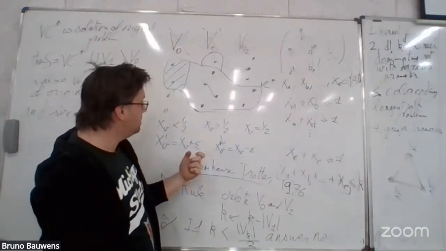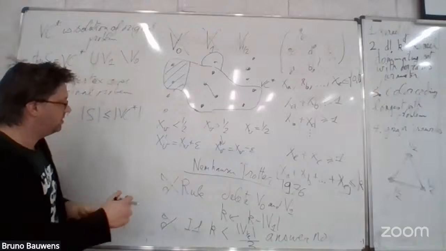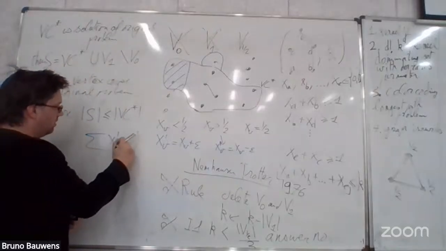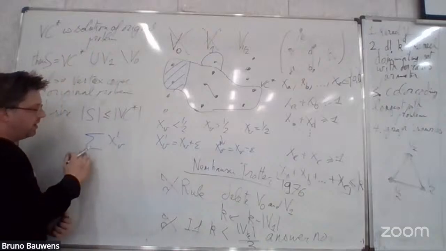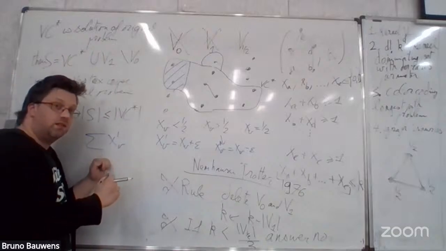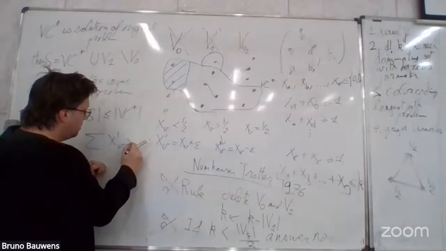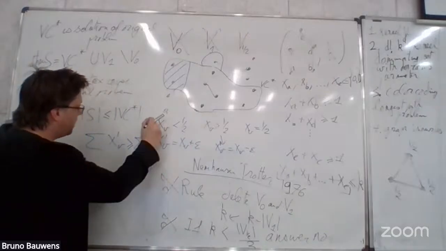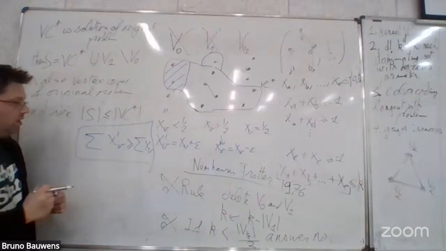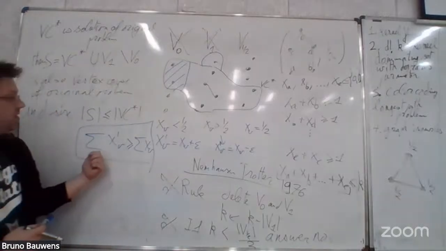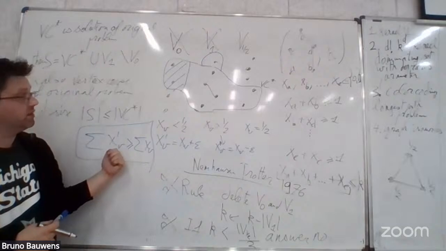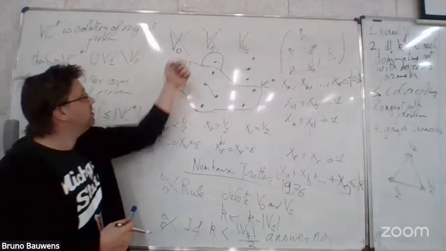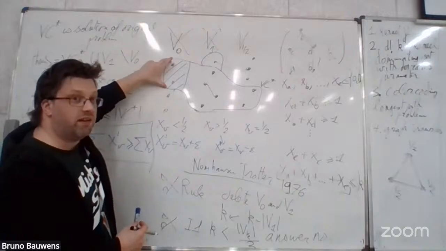But this means that the sum of all x prime v must be bigger than the sum of xv without the primes. And this is precisely what we want, because where did we increase? We increased on this marked area.